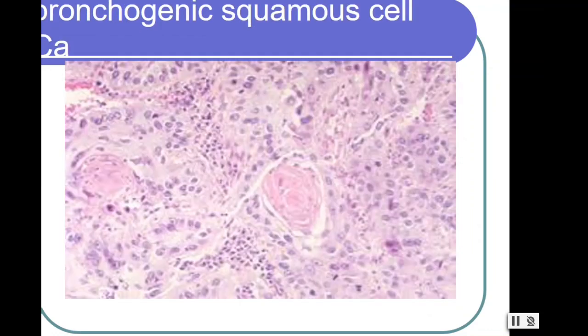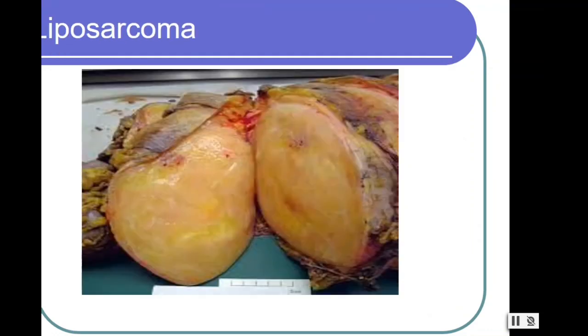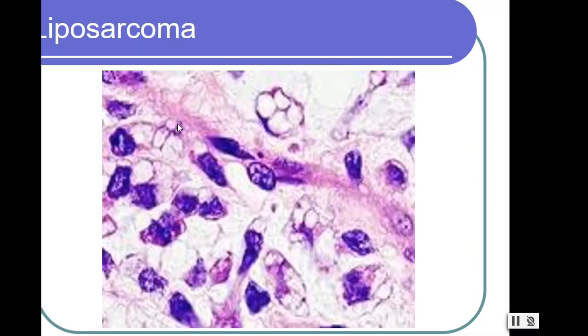How about this? This is similar to the other, but this is the malignant counterpart. This is liposarcoma. Look at the appearance, mukhang patatas. Under the microscope, this is the appearance. Can you still recognize an adipose tissue here? Sa unang tingin, wala. Ito yung adipose, ito.